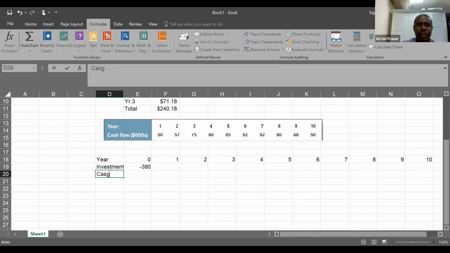And then we get cash inflows. So in year 1, it's 50, year 2, it's 57, year 3, it's 75, year 4, it's 80, year 5 is 85, year 6 is 92, year 7 is 92, year 8 is 80, year 9 is 68, and year 10 is 50.